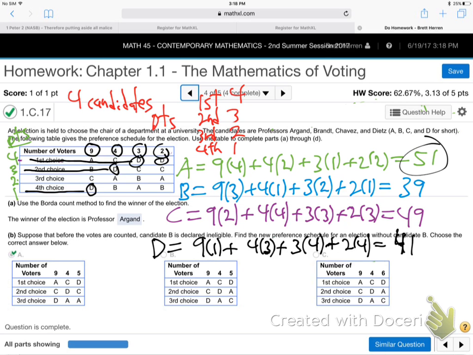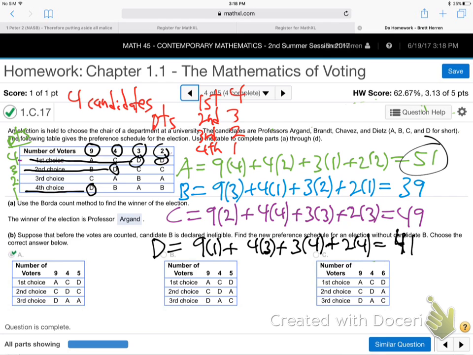And what does Borda count do? Yeah, considers everything, points for everything. And how do you know where the points start? Like, what's the highest point value? Why did I start at 4 points? Because there's 4 choices. Yeah, it's the number of choices or candidates, right? Good. All right, let's go on to part B here.